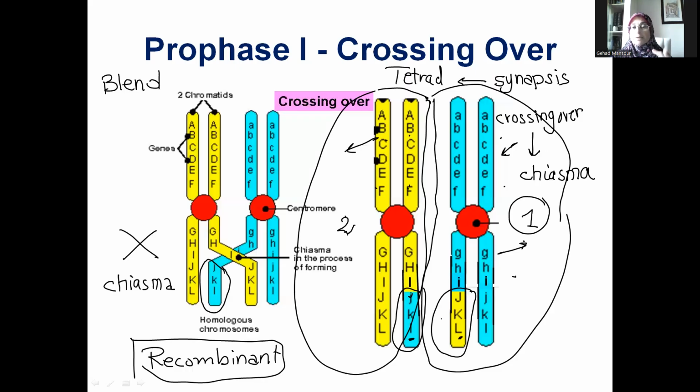But maybe, for example, the shape of the eyelid around the eye and other characteristics would be like your dad. So it all depends upon which chromosome you are receiving from your dad and which chromosome you are receiving from your mom.